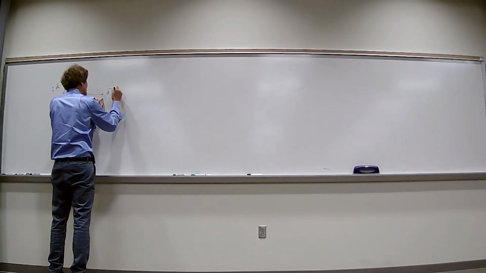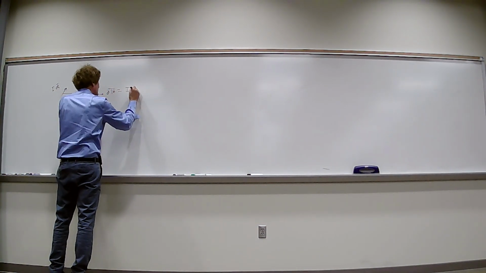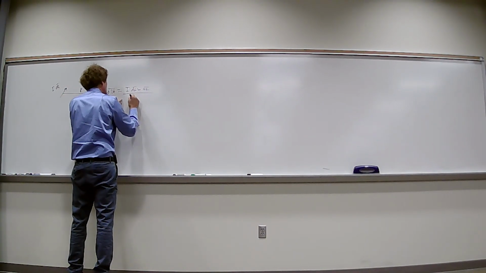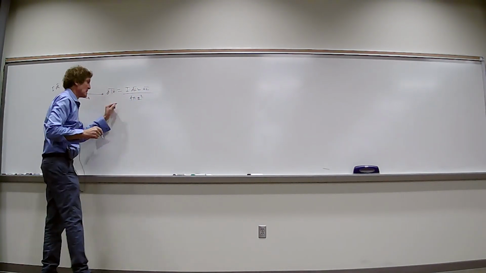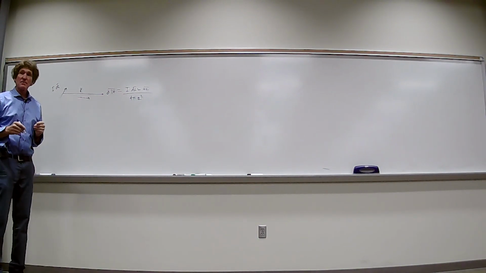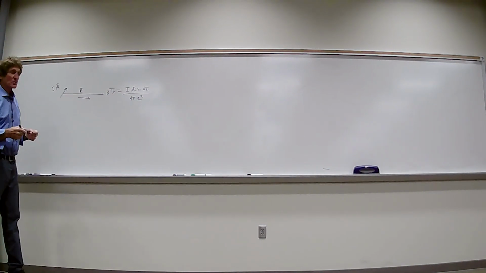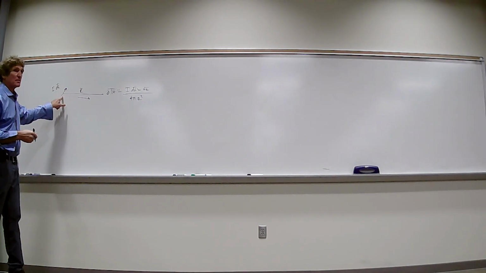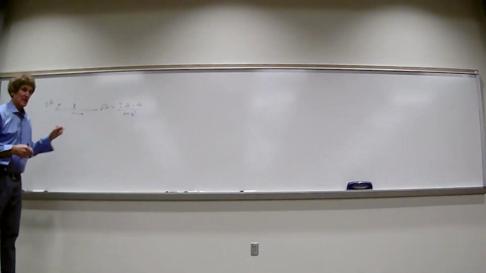Here, the differential magnetic field is IdL crossed into aR over 4 pi R squared. Now, aR is a unit vector. In Whitworth's book, he'll say aR 1 to 2. It's really always from the source of the magnetic field to the point of observation of it.